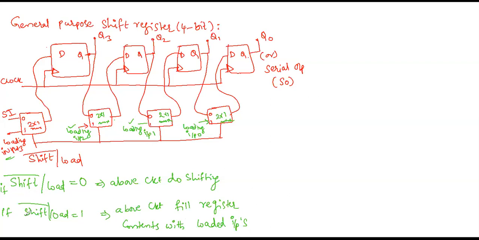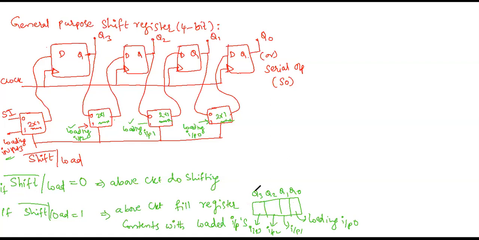Whenever shift bar by load is equal to 1, the register contains Q3, Q2, Q1, Q0. This will be filled with loading input 0. This one will be loading input 1, loading input 2, loading input 3. If it is 1, the register content will be filled with loaded inputs.